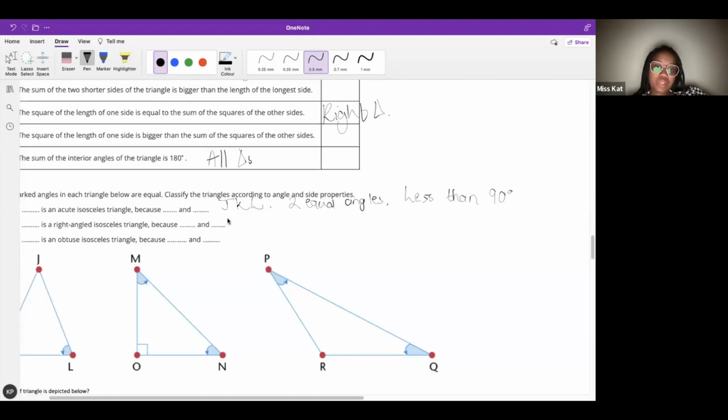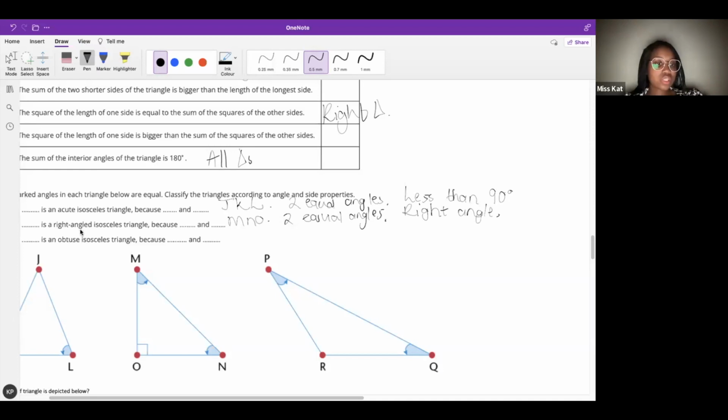Okay, and this one was M and O. Again, two equal angles and a right angle. Let's see if I have an answer for the last one, why it is an obtuse triangle. It is an isosceles.